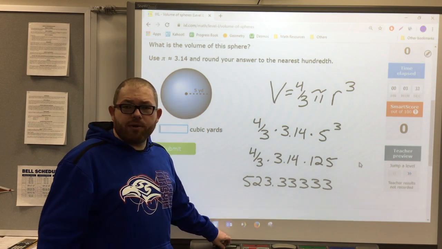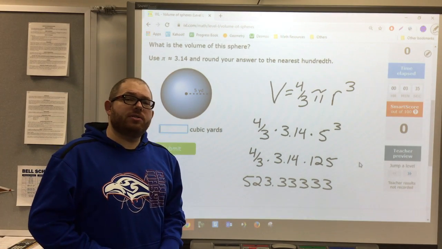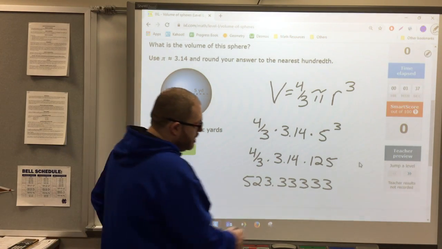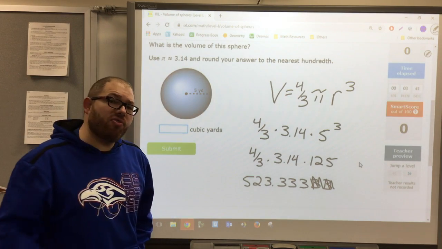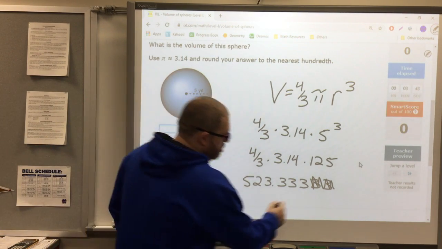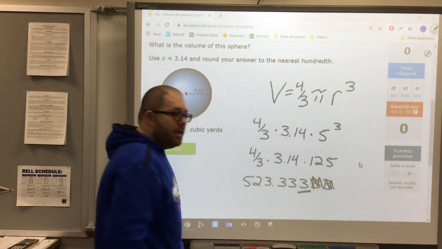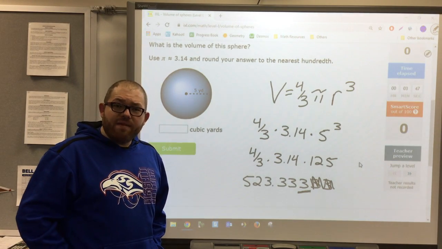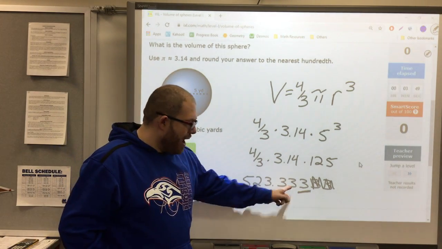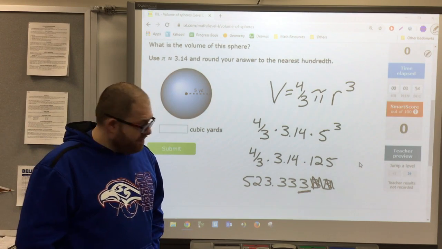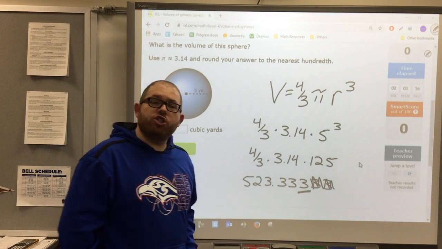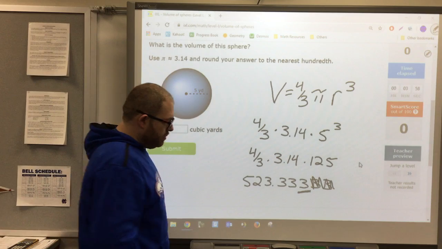So remember how rounding works? When you want to round to the 2nd decimal place, you do not care about any numbers after the 3rd decimal place. You look at that number there, and if it is 5 or more, this would round up to a 4. Because it is less than 5, then this 3 does not change the 2nd decimal.